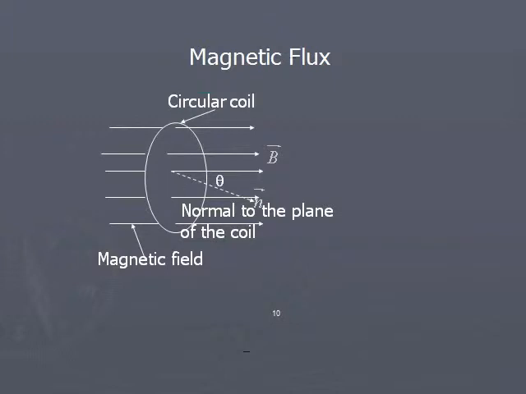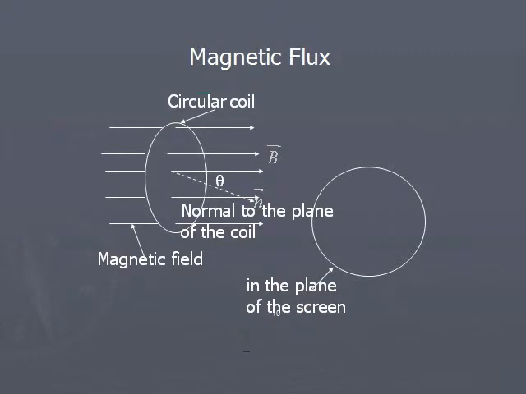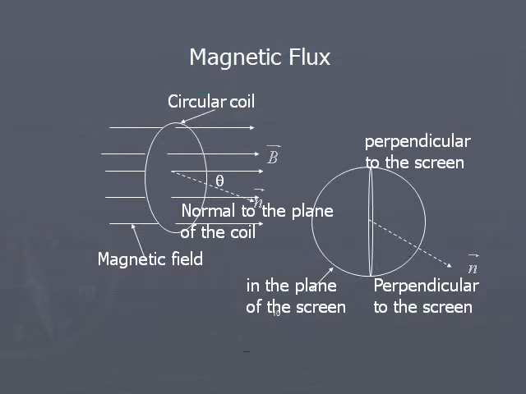To have greater understanding of this normal, let us imagine that the coil is in the plane of the screen. The coil is in the plane of the screen, then the normal will be out of the screen or into the screen. That is indicated by dotted n bar. Dotted vector n bar indicates the normal. It is out of the screen.